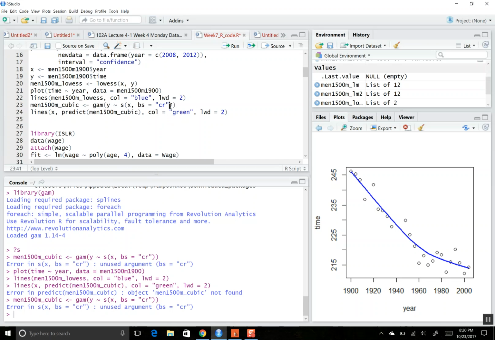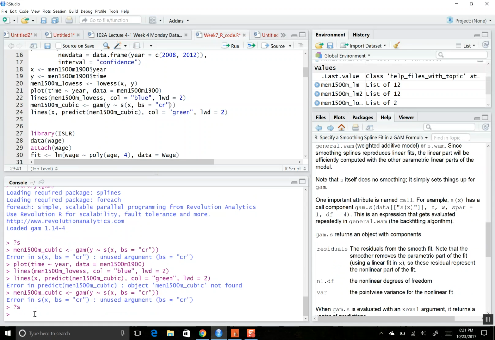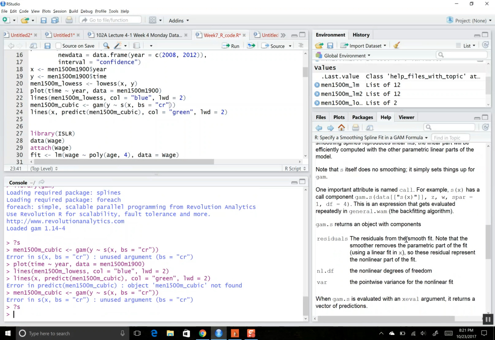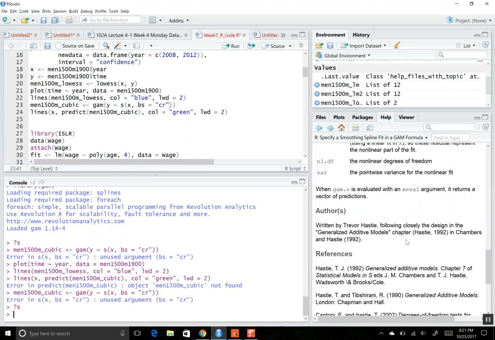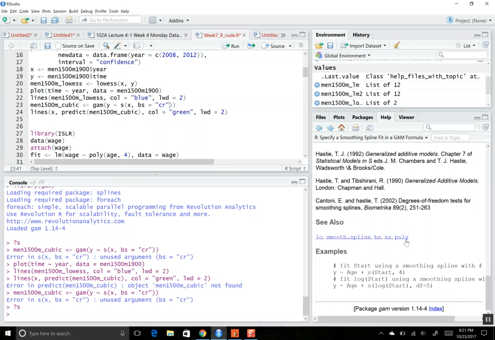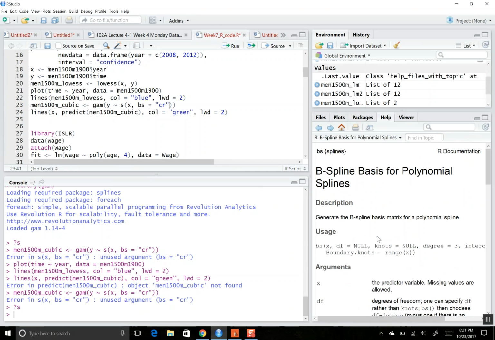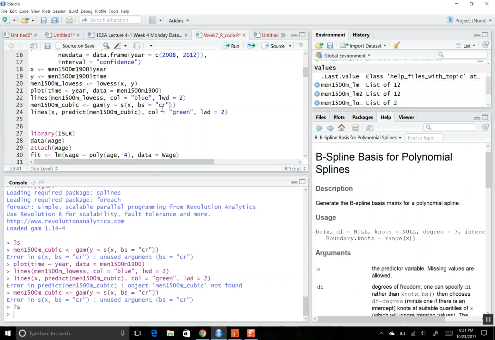It says unused argument basis spline. Oh, maybe I just do bs. Sorry, I'm going to have to modify this. Degree equals 3.